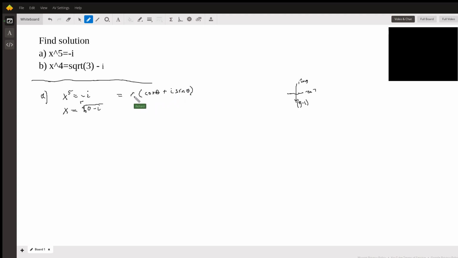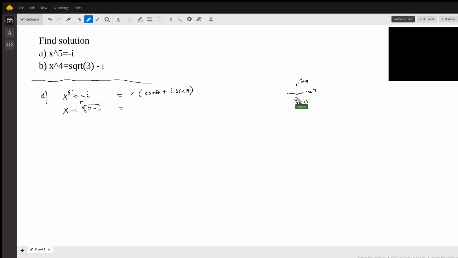So that's what we want to find the fifth root of. In this case, it's going to be 1. Before I put the root on there, let me just simplify this a bit.